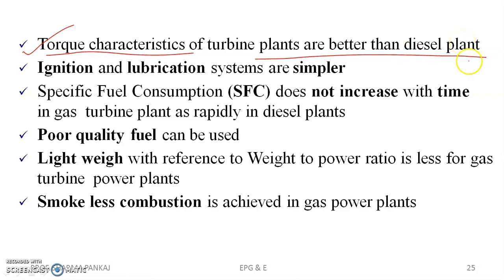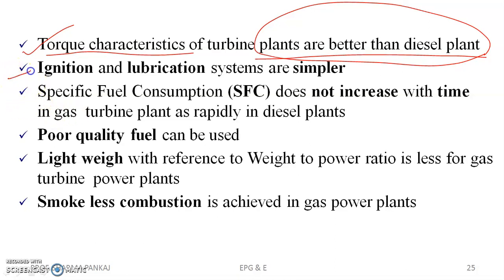It is actually very important to note that the torque characteristics of turbine plants are better than diesel plants. We are actually comparing a gas turbine power plant with a diesel power plant.